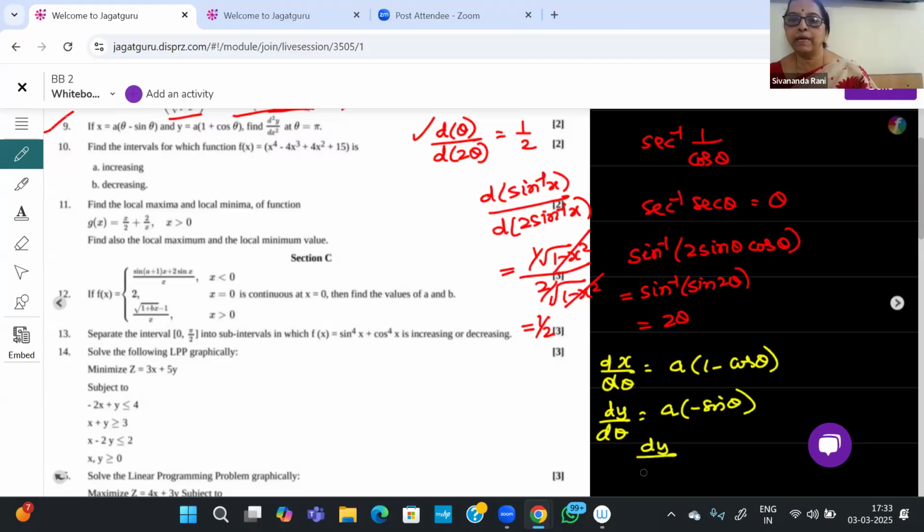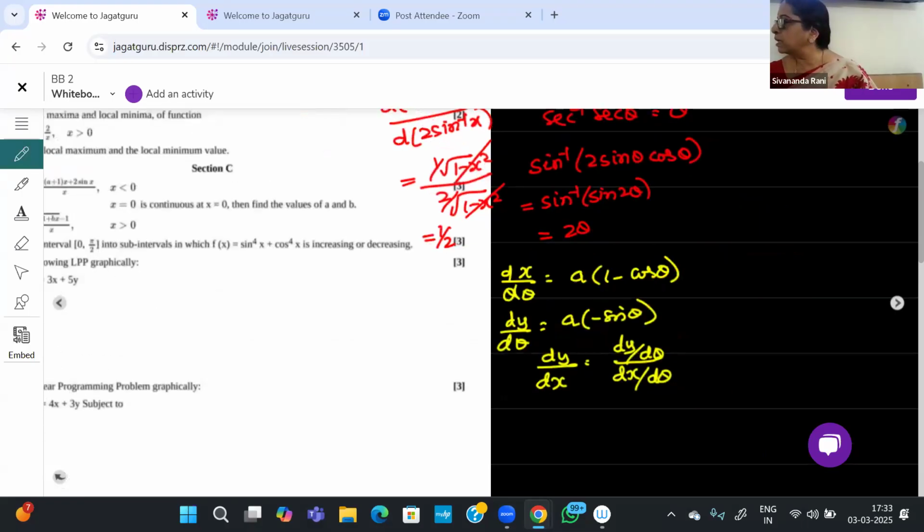So dy by dx will be dy by d theta by dx by d theta. This is parametric, right? So dy by d theta is nothing but minus a sin theta by a into 1 minus cos theta.